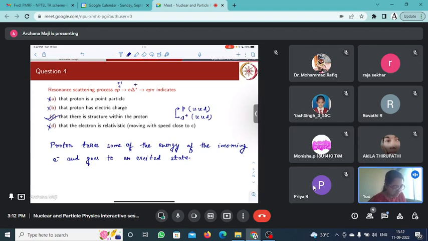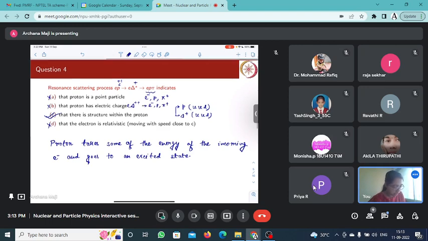If it is delta plus, then the final state products will be electron, proton and pi 0. Suppose it is delta double plus, then the final state would be electron, proton and pi plus.